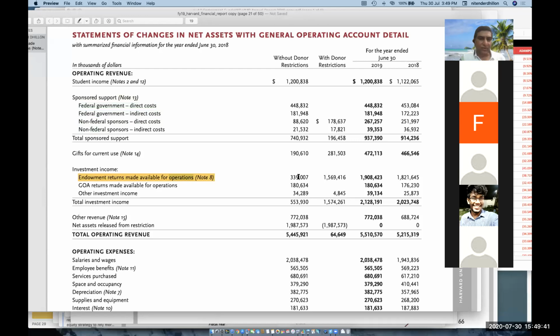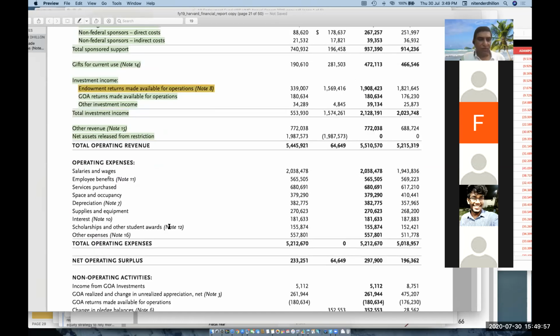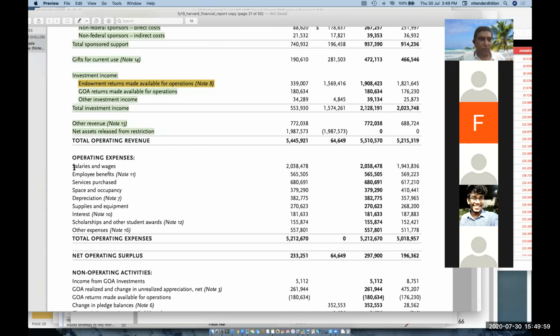The returns that have gone through the P&L are something like $339 million. This contributes to the revenue stream of the university. From this they'll run their OPEX budget, with salaries and wages to be paid. And some part of the endowment might be earmarked for a CapEx purchase, such as a building construction or an auditorium, as somebody mentioned.